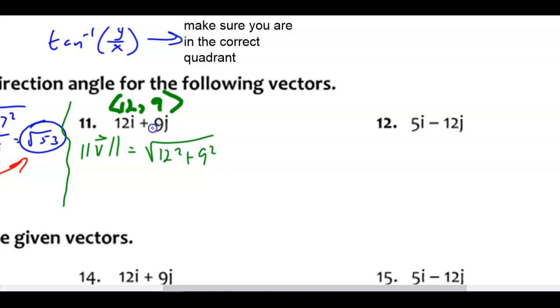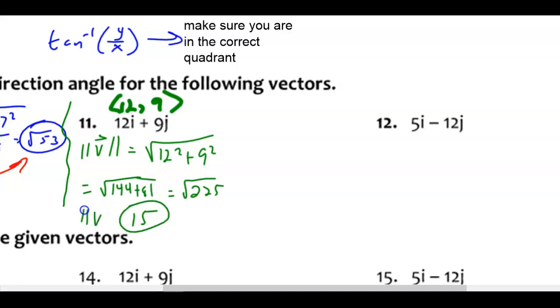So that's going to be 144 plus 81, which gives us the square root of 225, and the square root of 225 is 15. So the magnitude right here of vector V is 15.